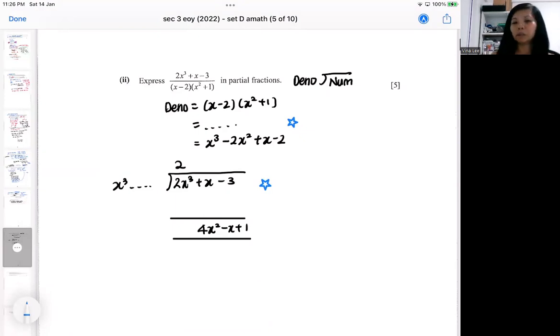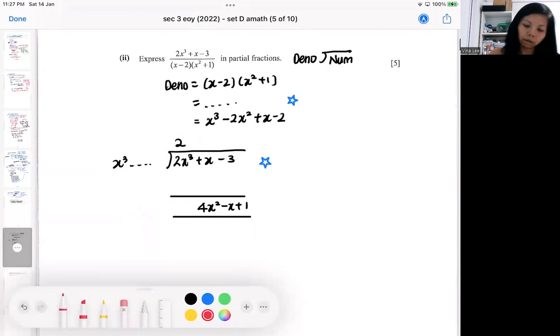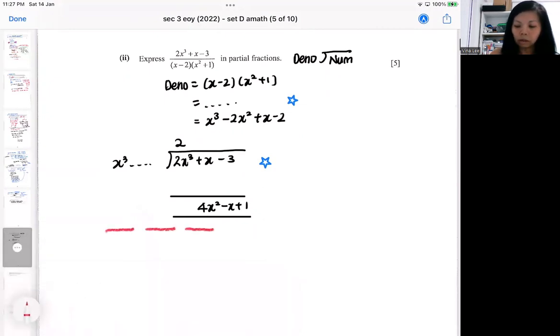If your long division is wrong, then your remainder will be wrong. A lot of people, after the long division, will forget: so what do I do after the long division? Remember, the purpose of the long division is to obtain a proper fraction. Where is the proper fraction? The proper fraction will be here.